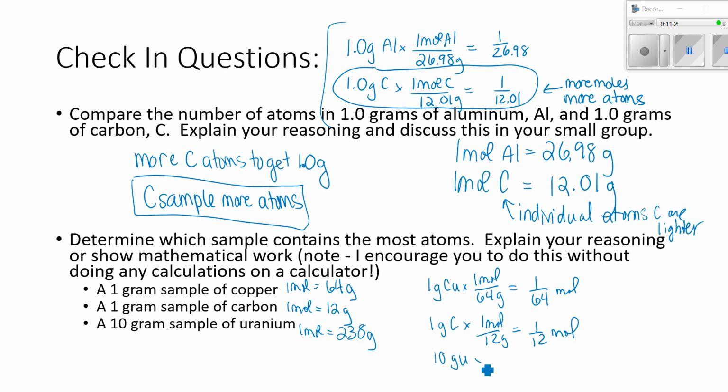So I've got more uranium, but it's also heavier. So that's 10 divided by 238, which is about 1 over, I can round that to 1 over 23.8. It still looks like the one that's the biggest number is going to be your carbon. Okay, so your 1 gram of carbon is going to have the most atoms in it. It is the lightest, so you're going to need more of it.